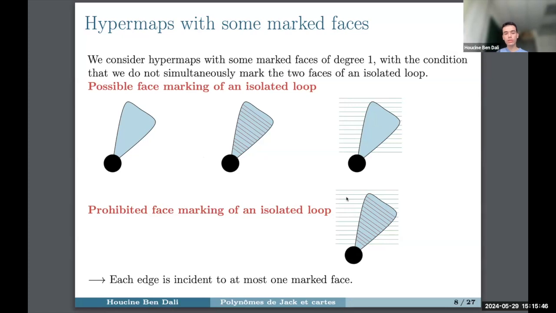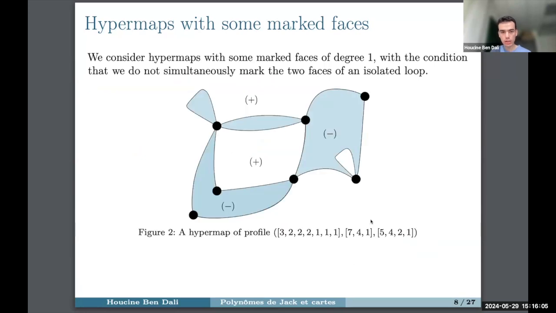This is a kind of technical condition, but it ensures that we will not have edges in the hypermap which are incident to 2 marked faces. We can check that this is the only case in which we can have an edge incident to 2 marked faces. Let's take an example. Here we have this map which has 2 faces of degree 1, this minus face and the plus face here. We can decide, for example, to mark this one and not this one.